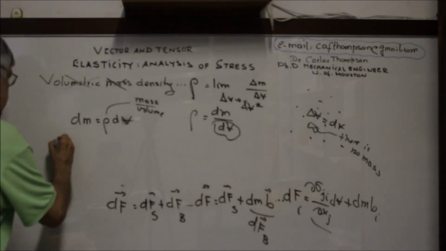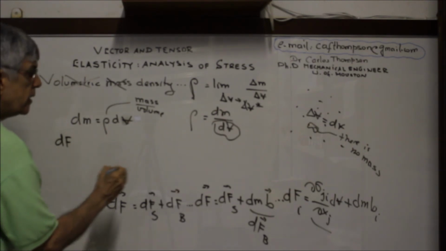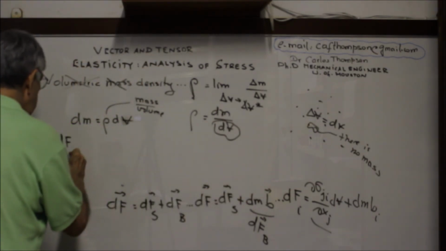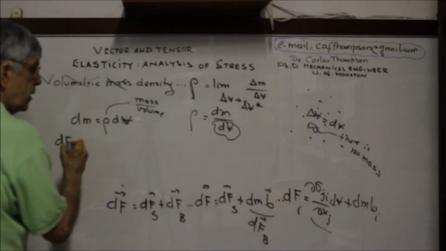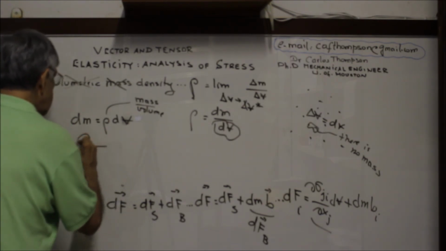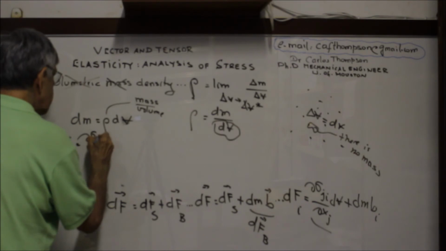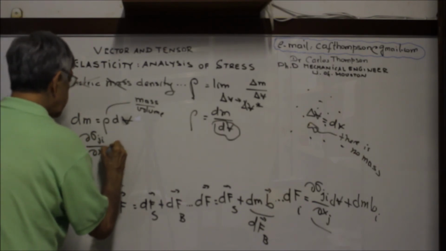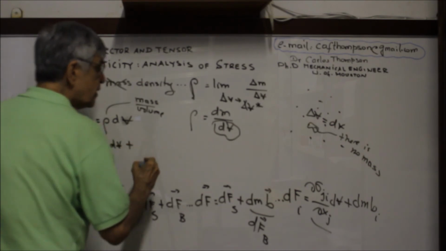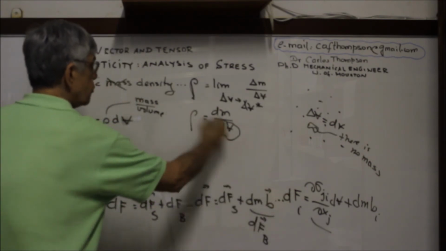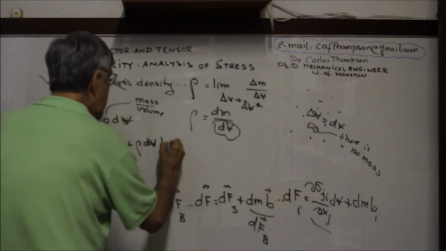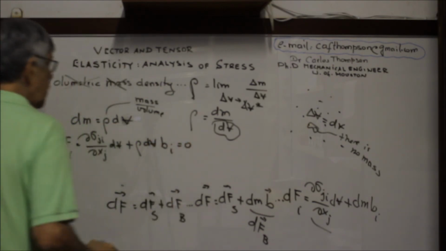Now dFi is equal to the partial derivative of sigma ji with respect to xj dV, plus, now dm is rho dV, rho bi dV, and this equals 0.